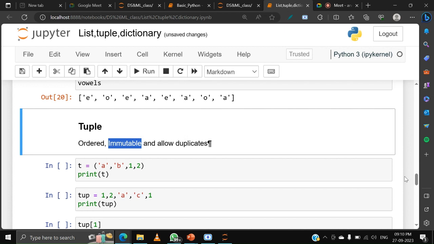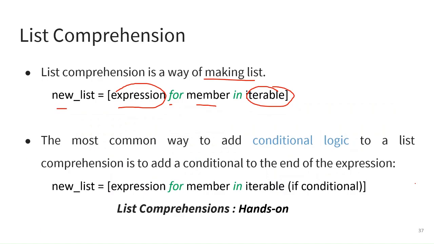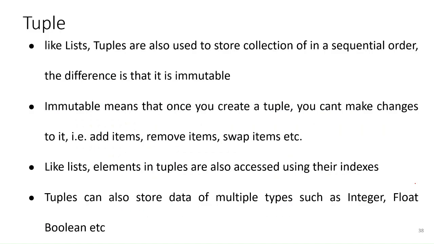Say tuple is defined like this. Just go through these points once again before we show the program. Like list, tuples are also used to store a collection of data in a sequential order. The difference is that it is immutable.